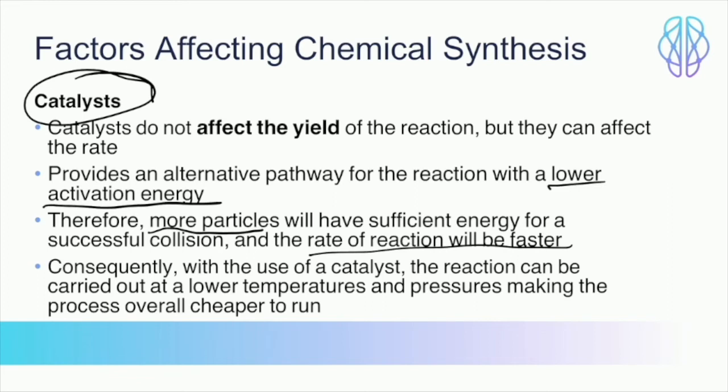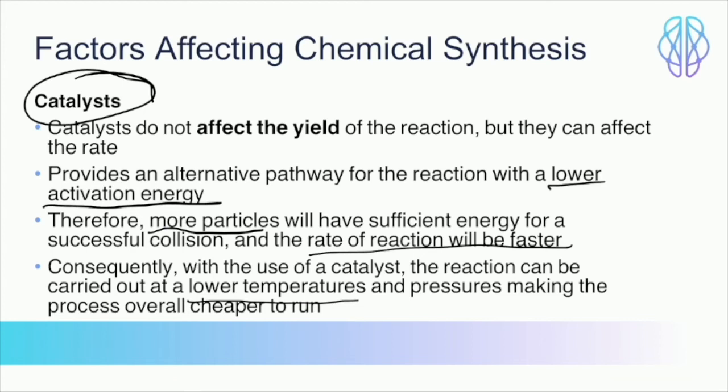As a result of using the catalyst, it's a really, really efficient and cheap way of increasing your reaction rate. So that means as a consequence, you can actually run the reaction at much lower temperatures. So I know I said that the rate of reaction increases with increased temperature. However, with increases in temperature, you need to factor cost in.